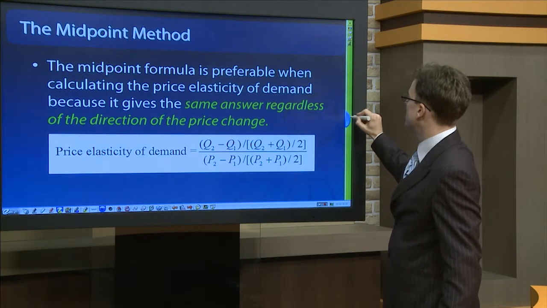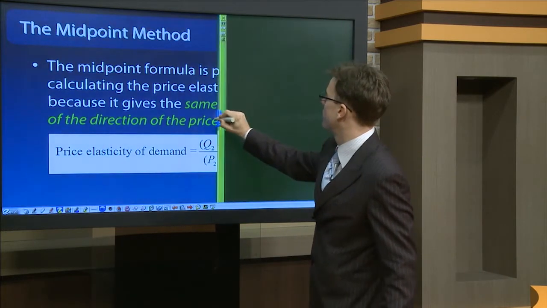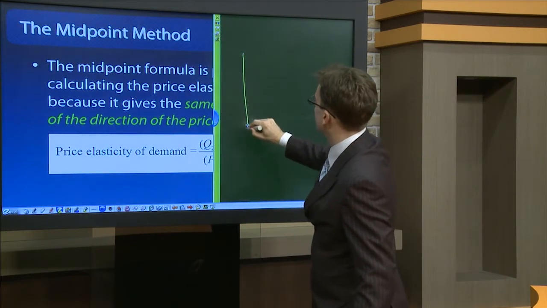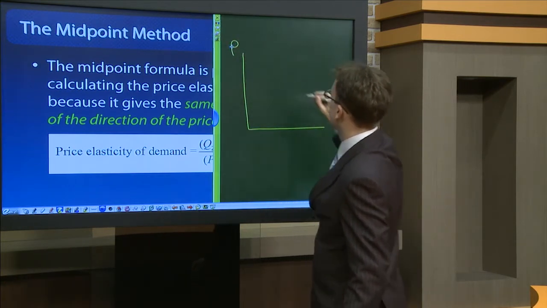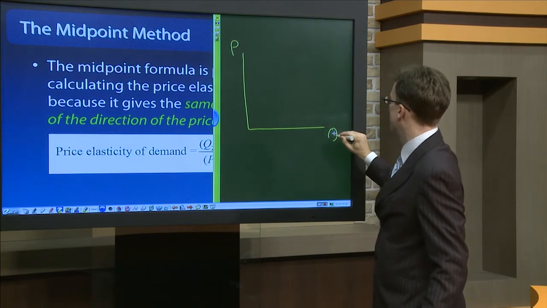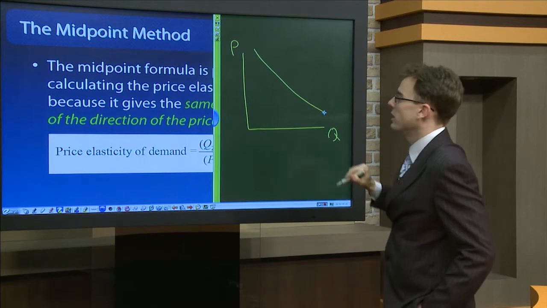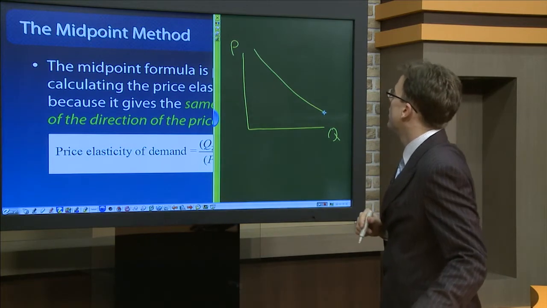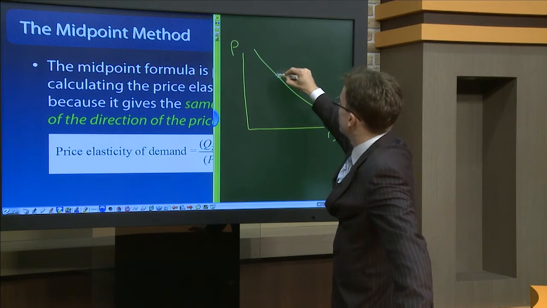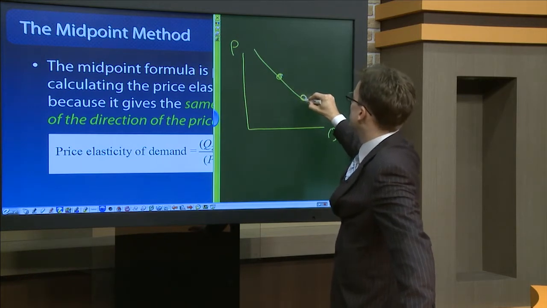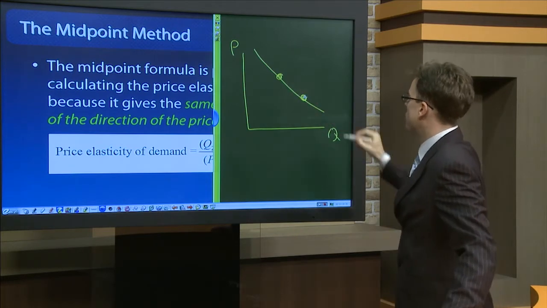Okay, let's illustrate a little bit. So last time we said that the market demand curve is usually a downward sloping line, and we might be interested in studying the exact shape of this demand curve.